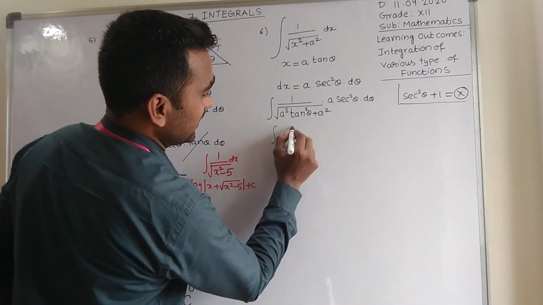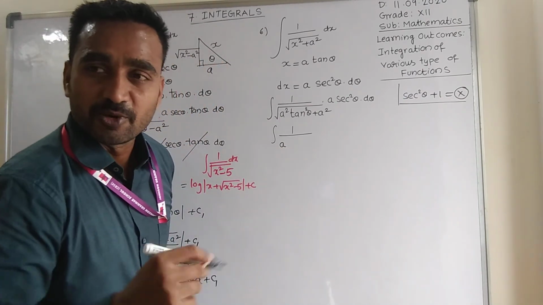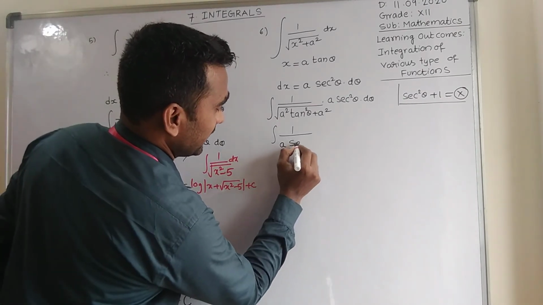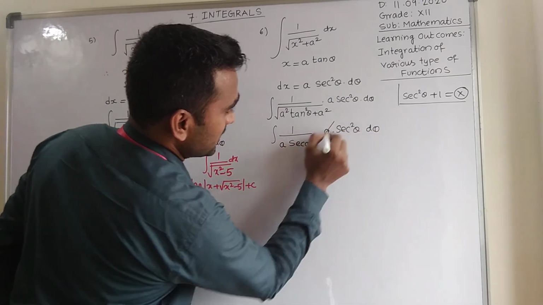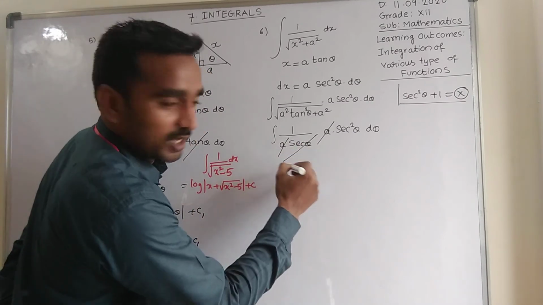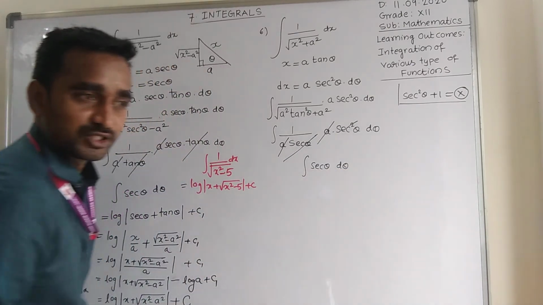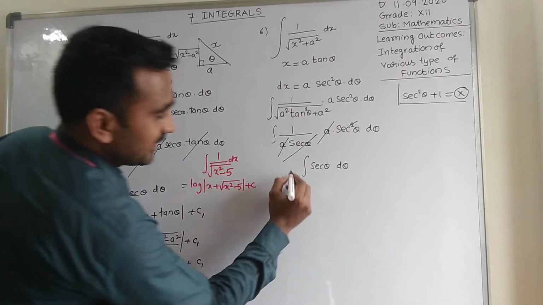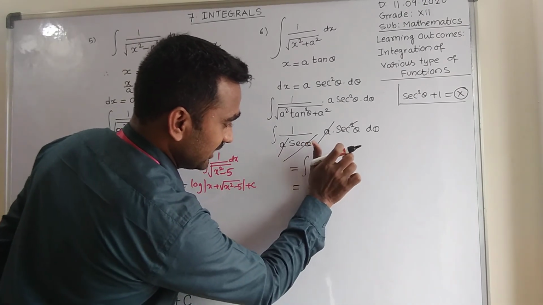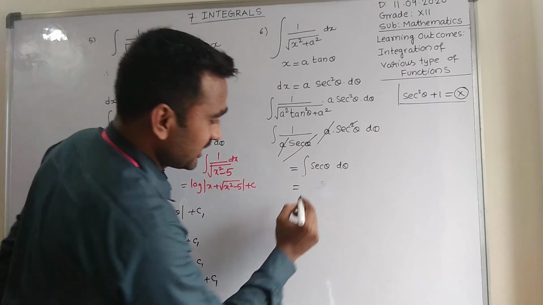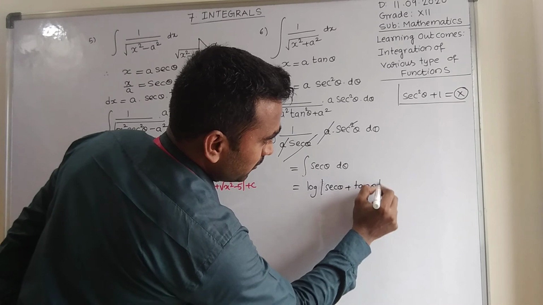Now students, integration of root over a square is a, and root over 1 plus tan square theta is secant theta. So a secant theta into a secant square theta d theta. A cancels, one secant and one secant cancel. Integration of secant theta d theta, same result. And integration of secant theta is logarithm of secant theta plus tan theta plus c.